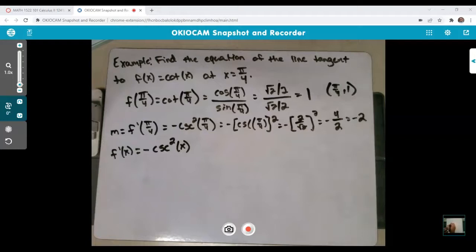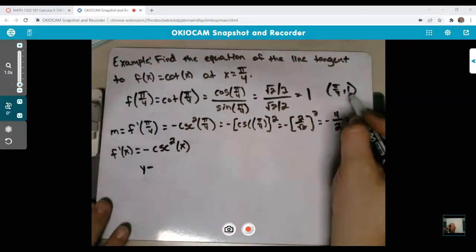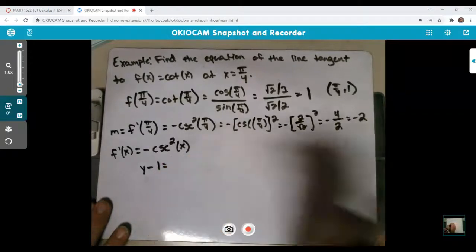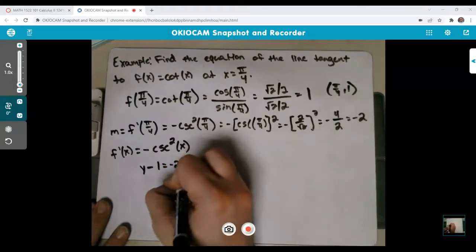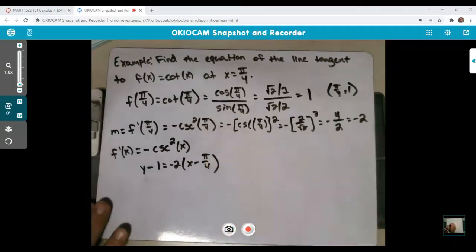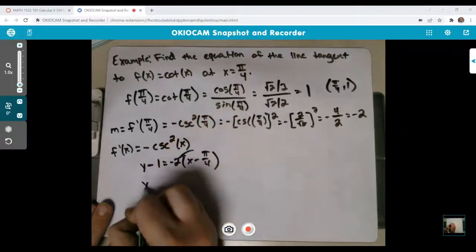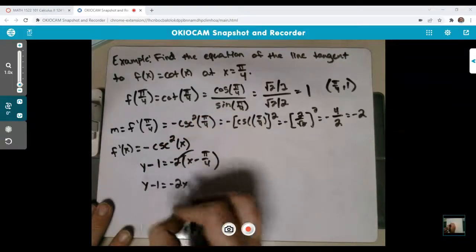So my slope is equal to negative 2, and I know the point pi over 4 and 1. So I can put it in point slope form. Remember, point slope is y minus the y that I know. So y minus 1 equals my slope, which is negative 2, times x minus the x I know, so pi over 4. So solve that for y by just distributing the negative 2. So y minus 1 equals negative 2x.